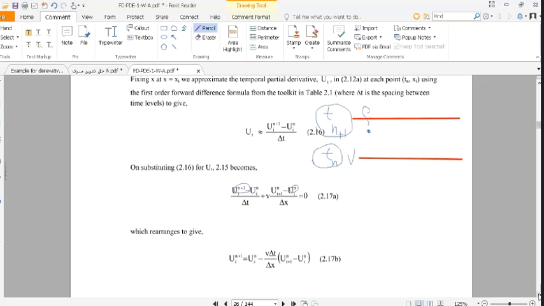Okay, everybody, I repeat, if we have the information at Tn, we can obtain the information at Tn plus 1.